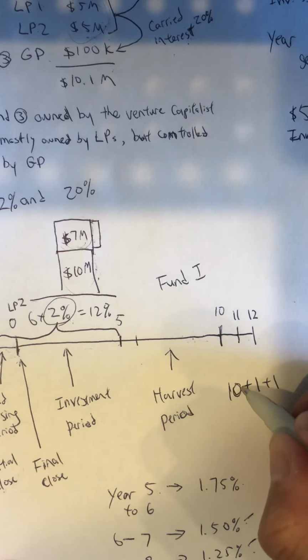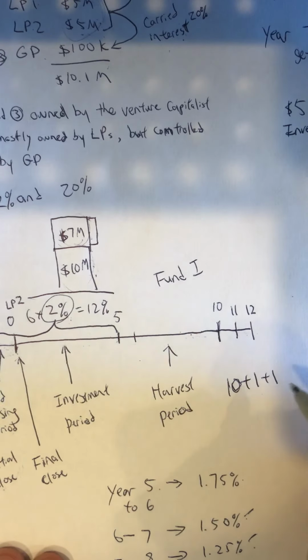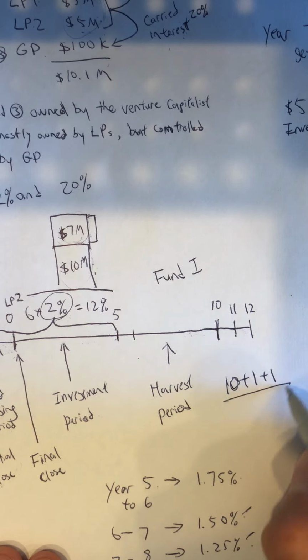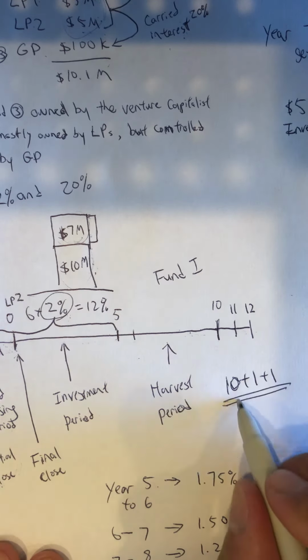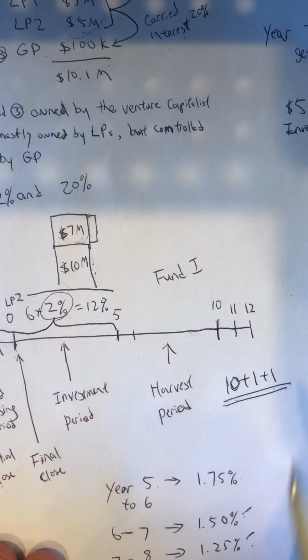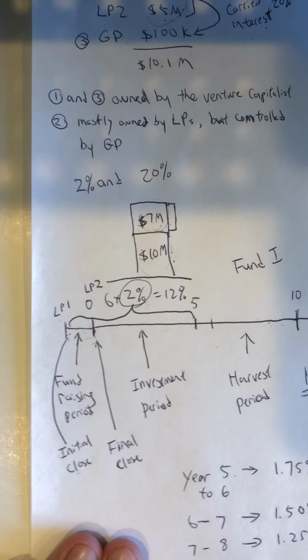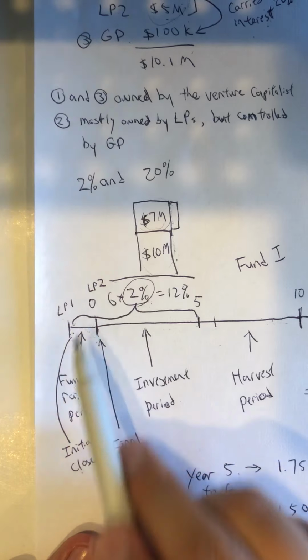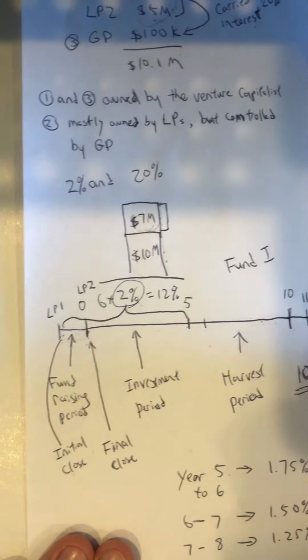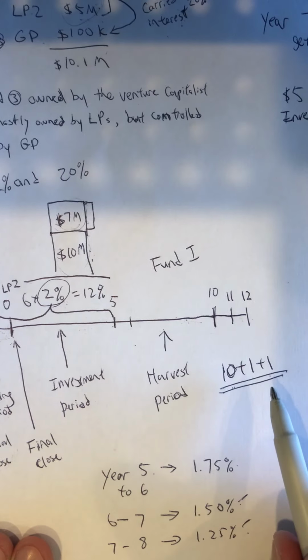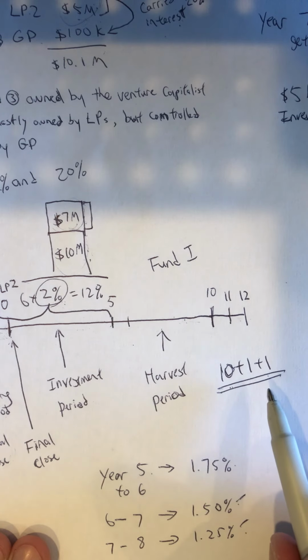Sometimes on the term sheets, when you see the life of the fund is 10 plus 1 plus 1, that's what it means: 10 years of the fund plus 2 more possible 1-year extensions subsequent to that. And then they don't mention the fundraising period, which adds to this. So in total, the fund can be as long as close to 14 years.